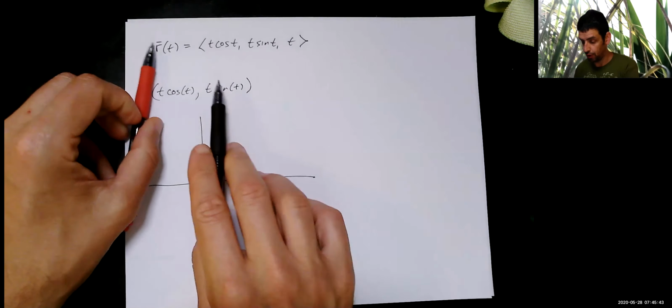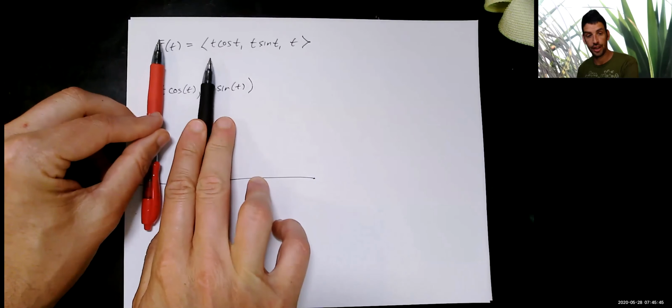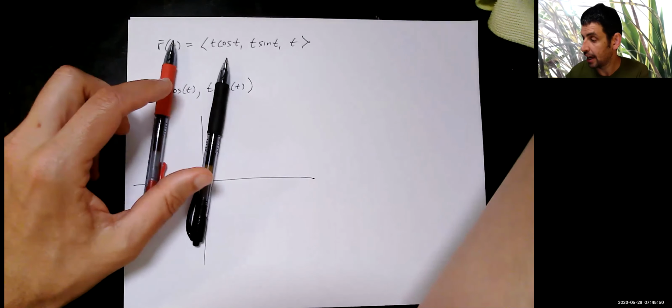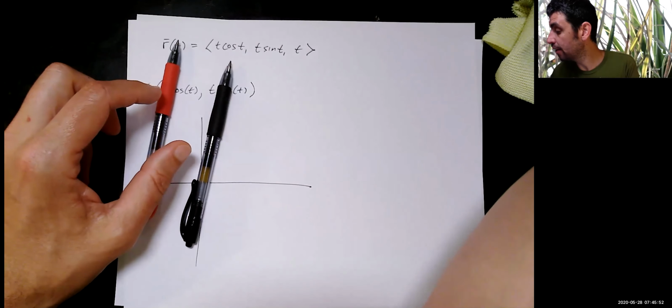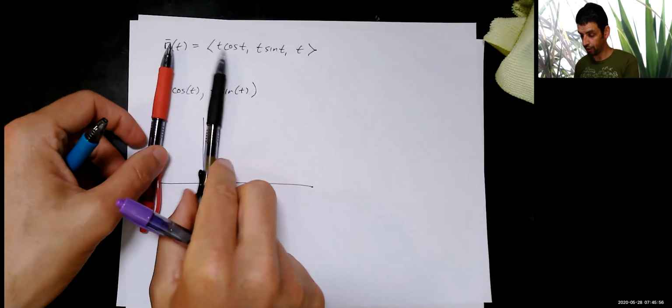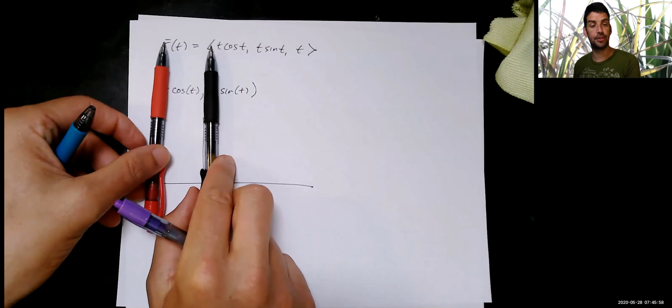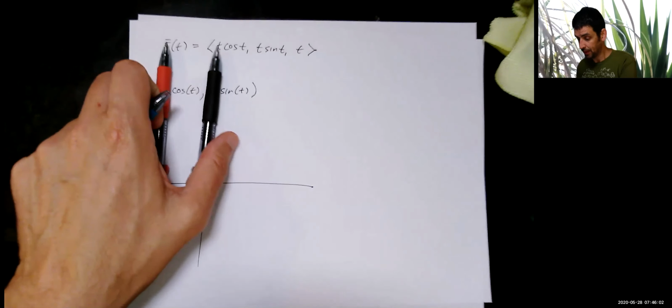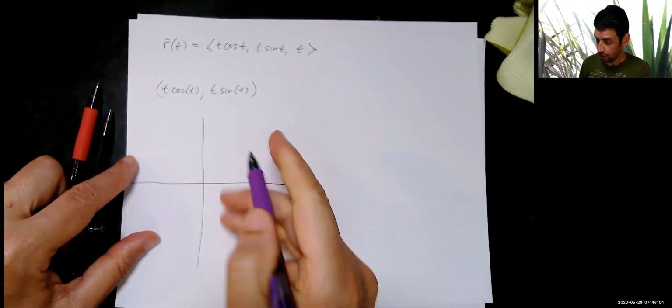So first of all, we should notice that if we ignore those 2 t's at the beginning, we're looking at the parametric equations for a circle, right? All the points of these parametric equations, and I'm taking the domain to be all real numbers.